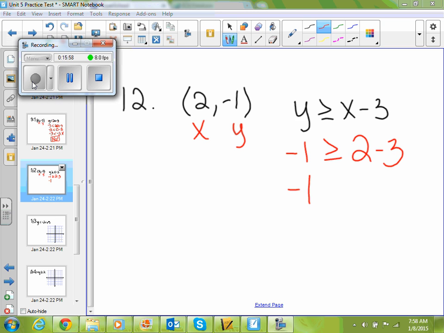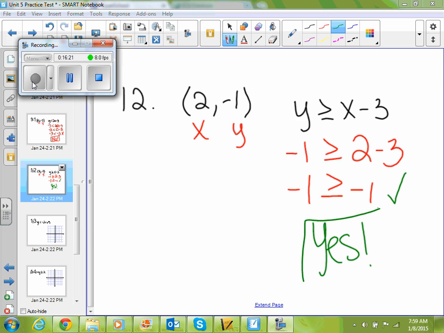So -1 ≥ 2 - 3, which is -1. So I get -1 ≥ -1. Is that true? Yes, that's true, right? Because -1 is equal to -1. So we would say yes, and we would be done.